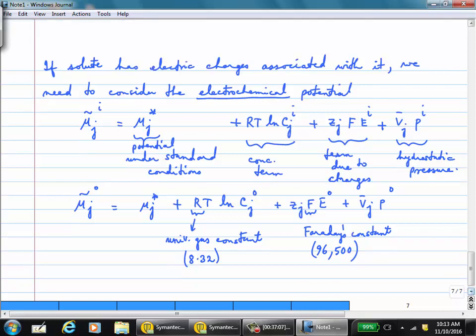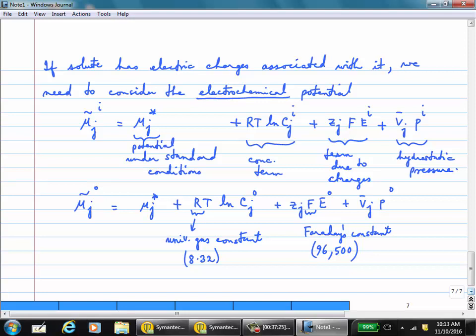So now to figure out what flow is going to take place across the membrane, we have to take the difference between these two potentials. Now usually that pressure term, the last term, makes a small contribution unless you're looking at osmosis across the membrane.